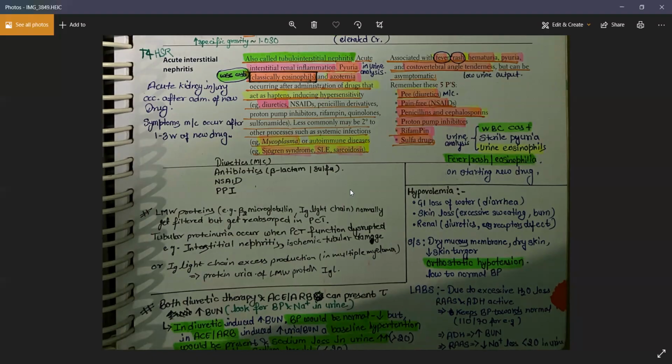If you have any blockage, for example a renal blockage, and you give the patient ACE or ARBs, they will cause dilation of the efferent arterioles, and you will have a low GFR because of that. So they both can increase the BUN and creatinine and decrease the GFR, because in case of diuretics you'll have fluid outflow, a dehydration kind of status, and that can also cause high creatinine and low GFR.